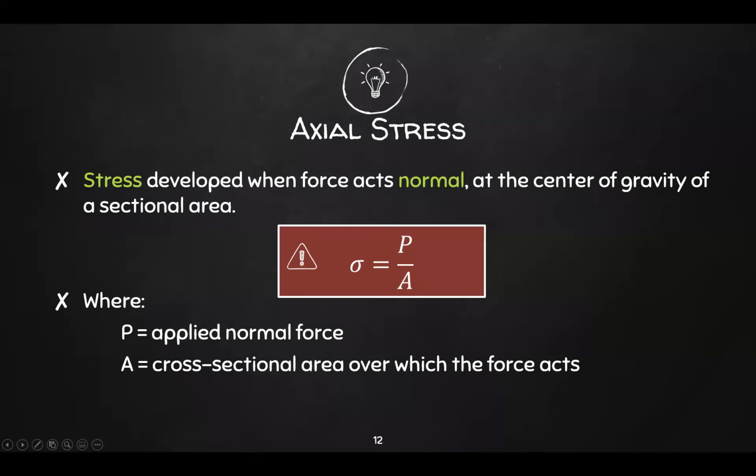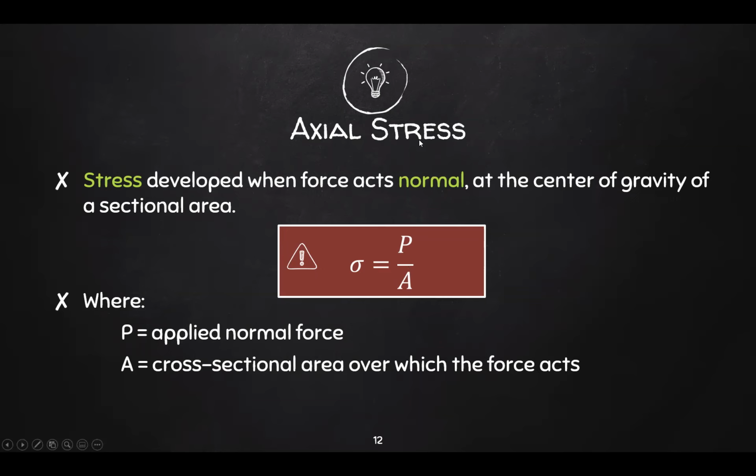So axial stress is stress developed when the force acts normal at the center of gravity of a sectional area. You'll see that the equation is sigma equals P over A. It's almost the same as your stress equation, sigma equals F over A. That's because all of our succeeding equations will come from that general equation, sigma equals F over A. The difference here is F is not just any kind of force.